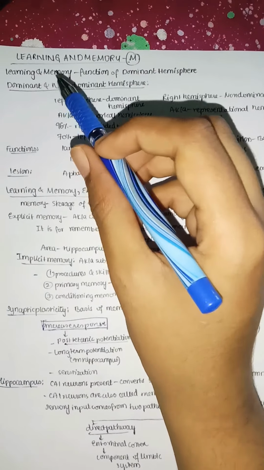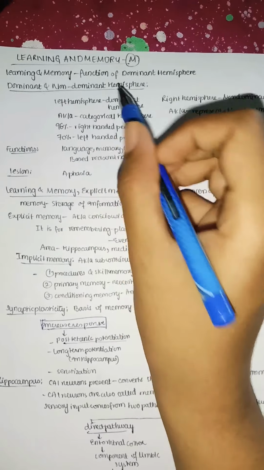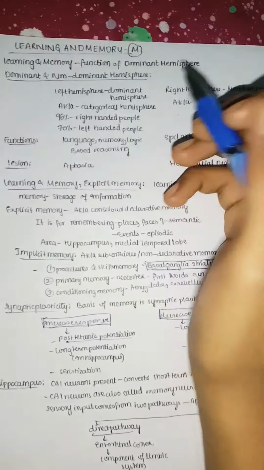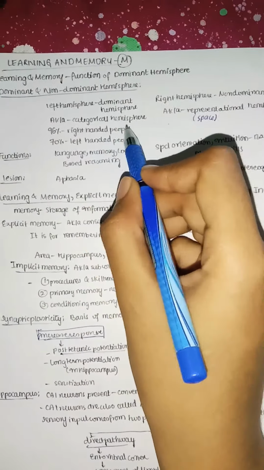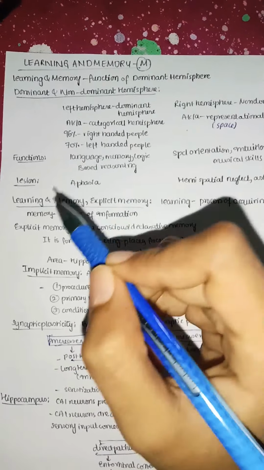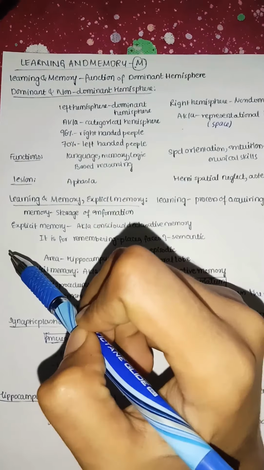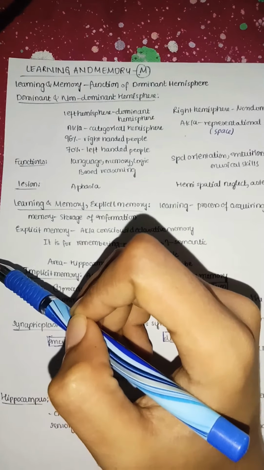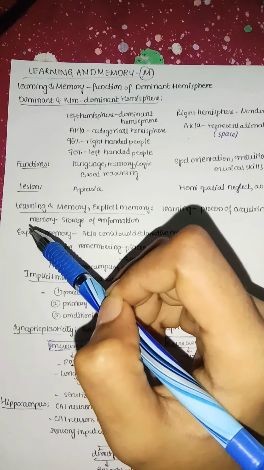So learning and memory is the main function of the left cerebral hemisphere. This left hemisphere is also called the categorical hemisphere. In 96% of right-handed people and 70% of left-handed people, the dominant hemisphere is the left hemisphere. Its main functions are language, memory, and logic-based reasoning.